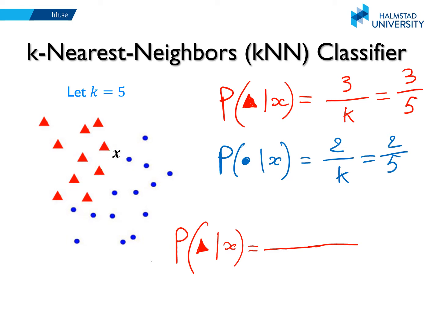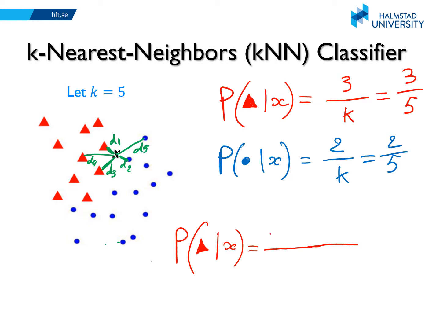So let's say, for example, that this distance here is called d1. This is the nearest neighbor to x. And let's say that this is d2. This is the second nearest neighbor. And this is d3, d4, and d5.